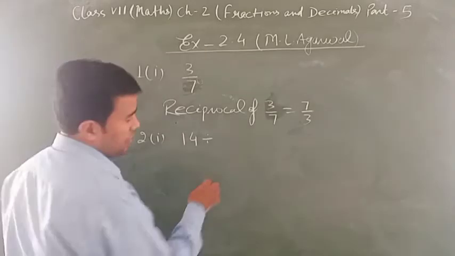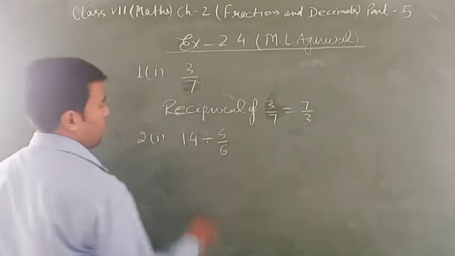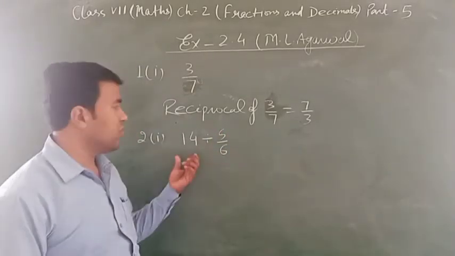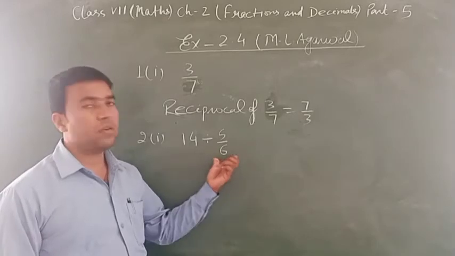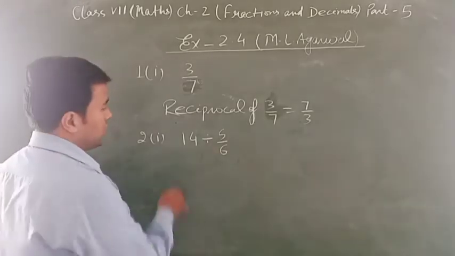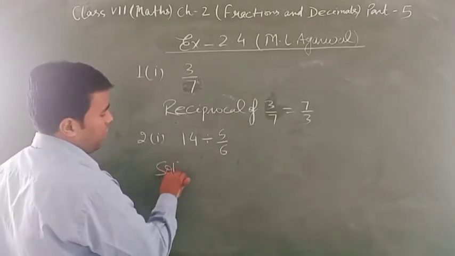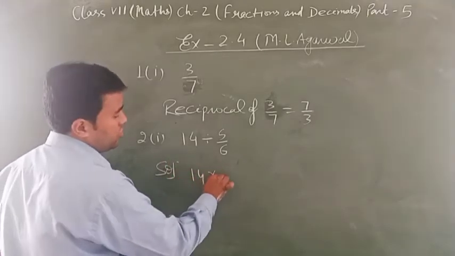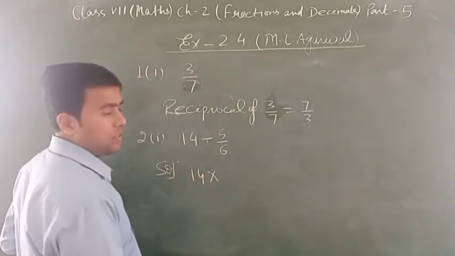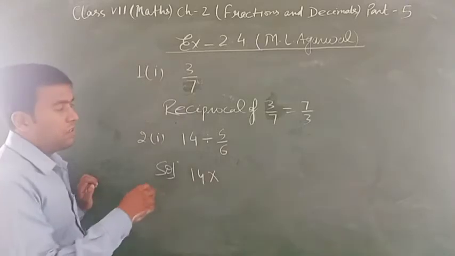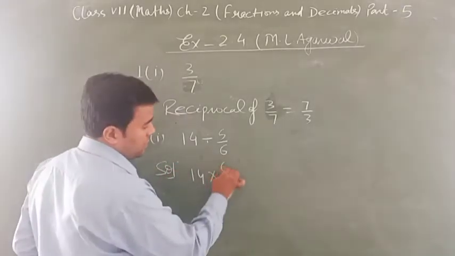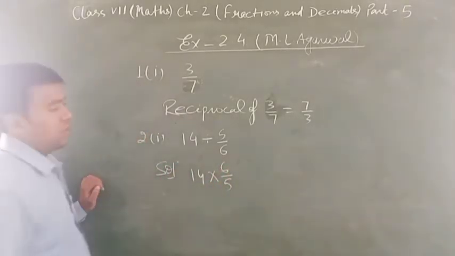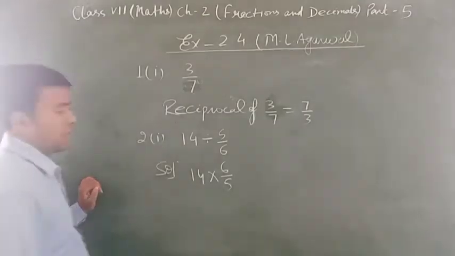14 divided by 5/6. Evaluate 14 divided by 5/6 means when you will find it, 14 to the reciprocal of 5/6, divide changes in multiply. You can write 5/6 as 6/5.